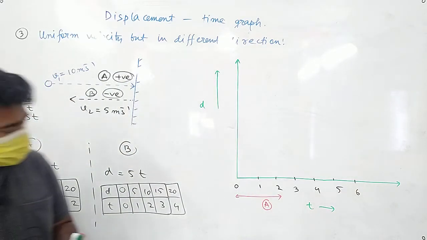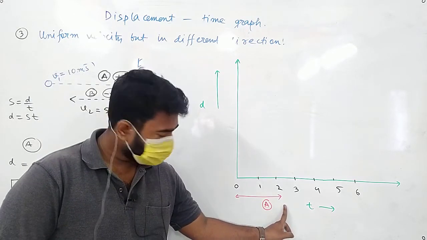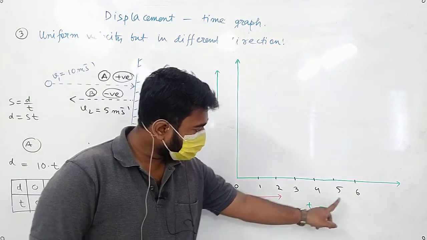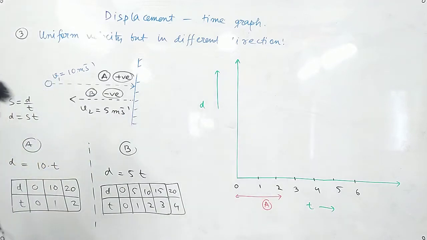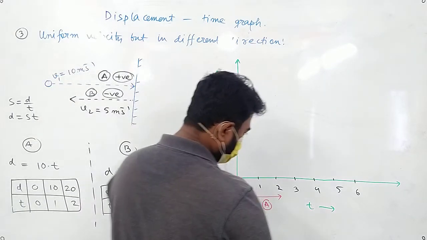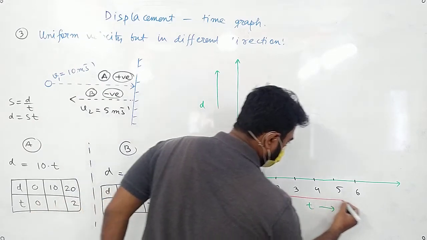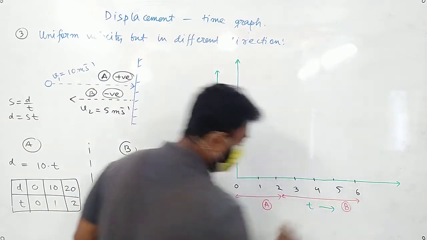Now if I consider this as 0, 1, 2, 3, 4. Okay, then this one is for portion B.